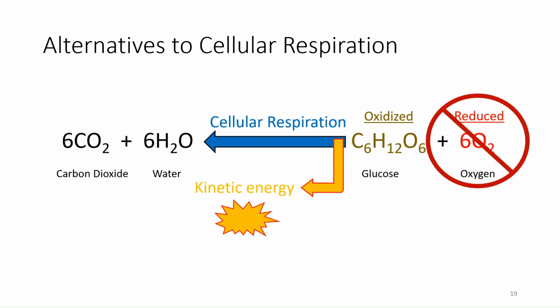And so basically, in our anoxic conditions, we're replacing oxygen with some other compound. It might be NO3, it might be SO4. The point is, we're going to replace this with something else that can be reduced.